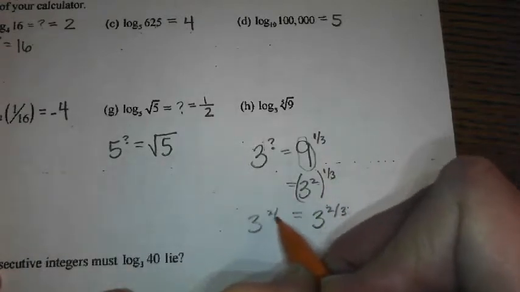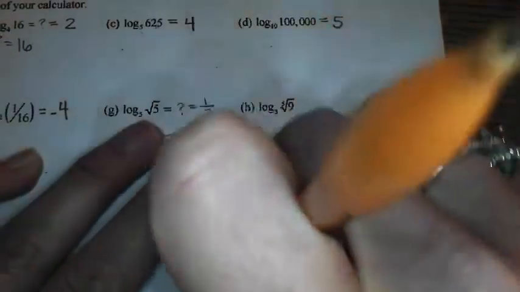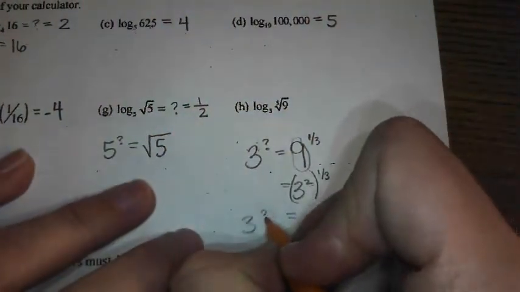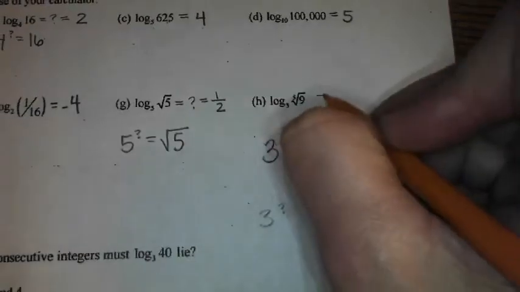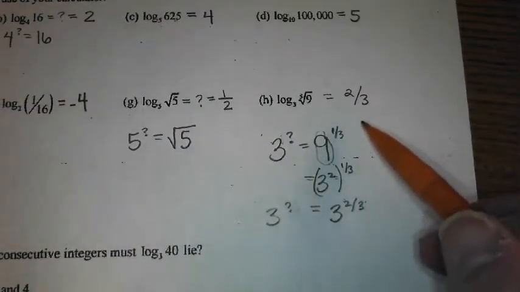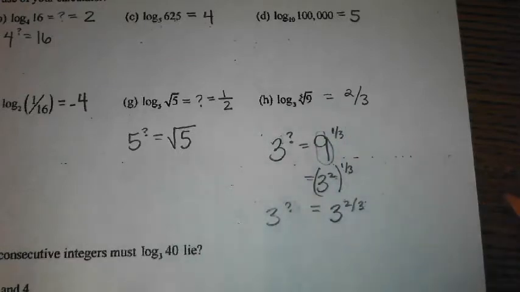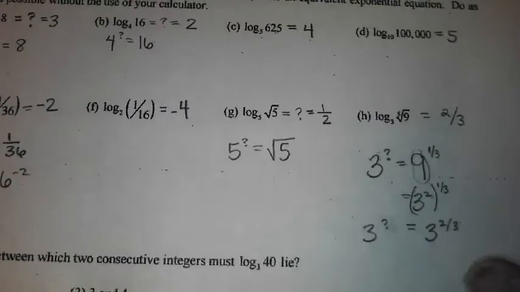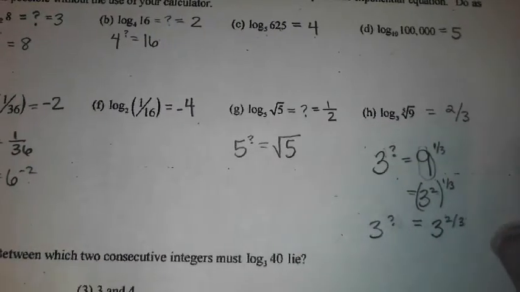So this whole thing, well, 3 to the question mark equals 3 to the 2/3 means this whole thing equals 2/3. That one's tough to do without work. Okay? So far so good? It's just a different language of exponents.